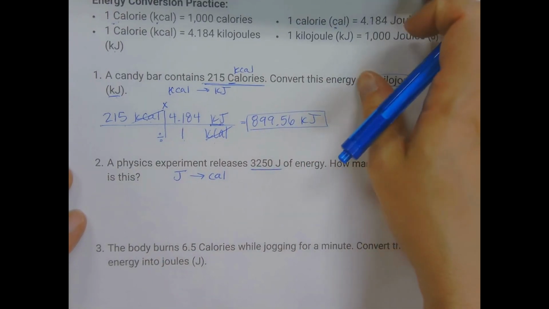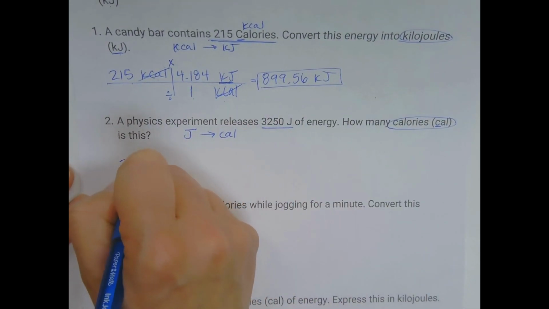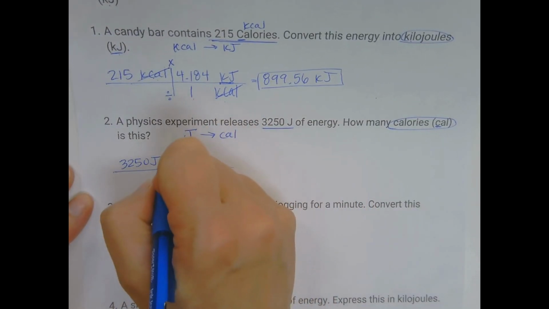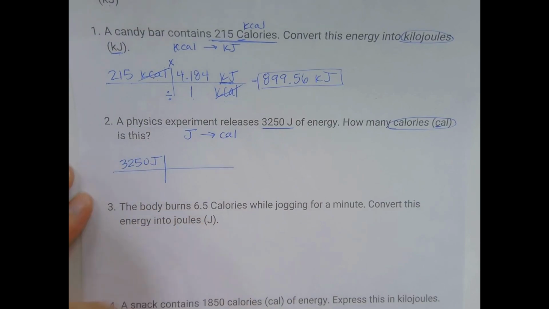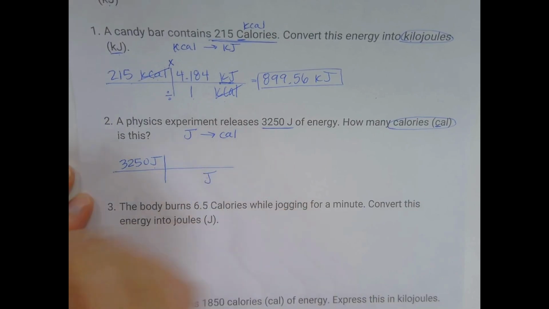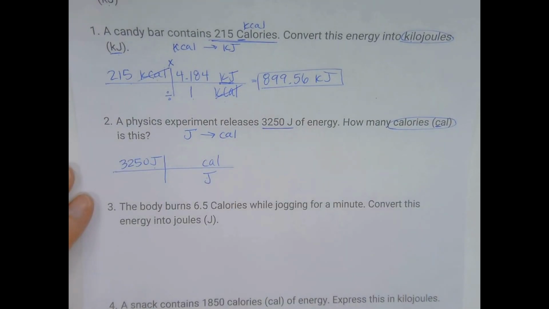So I'm going to set the question up the same way I did before with my train tracks. So 3,250 joules, 3,250. Given goes in this top left box. Next, you take your unit and you drop it down. So that way joules over joules cancel. And I want calories, and these are the little calories, not the food calories. So I put that at the top, okay?